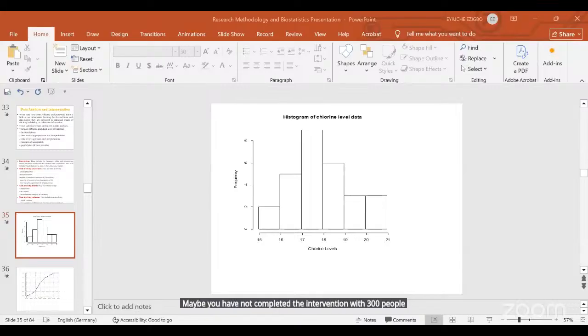Are you with me? It is now short by 50. What are you going to do? Report that you started the work with 350, but at the end, only 300 completed the experiment.